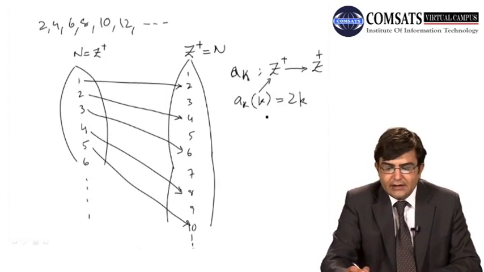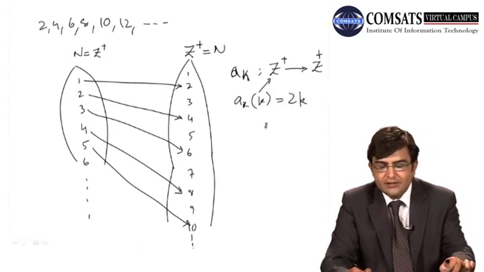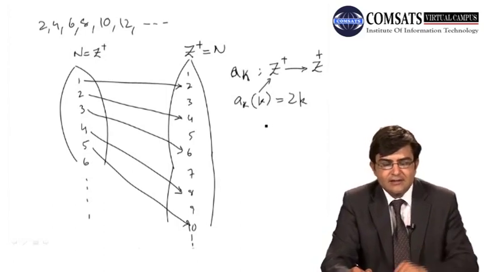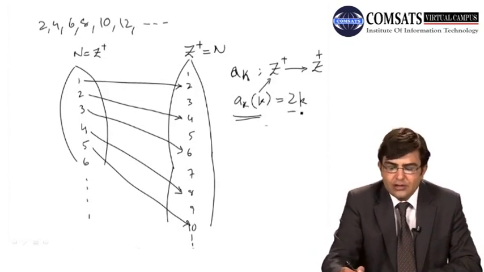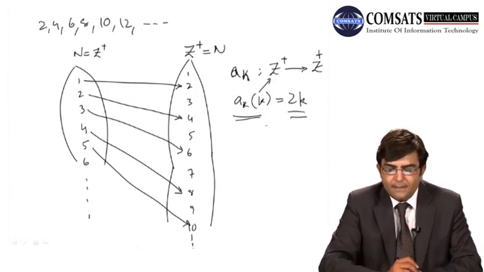So now we can obtain all the terms of the sequence. The sequence terms are A_K of K, or 2K.